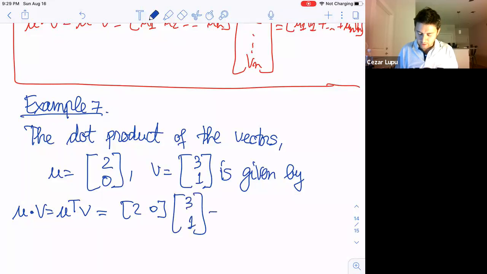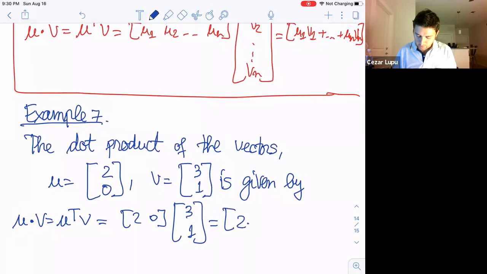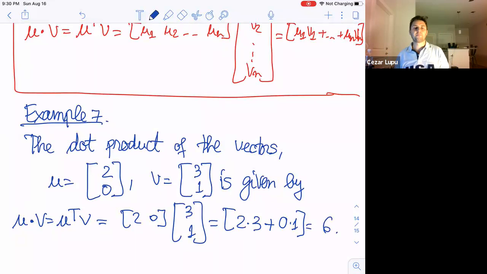Based on the above formula, this is 2 times 3 plus 0 times 1, which is just 6. That's it. Anyway, you can find plenty of other examples.